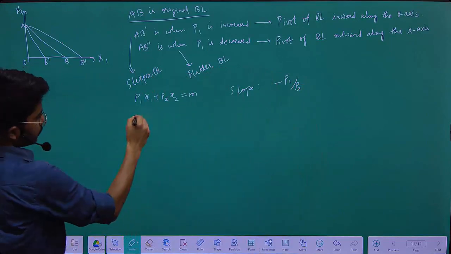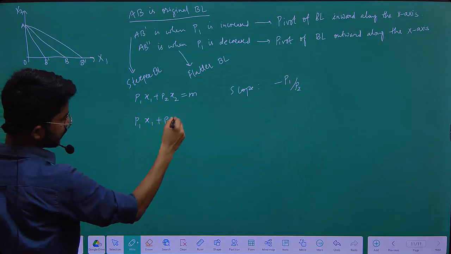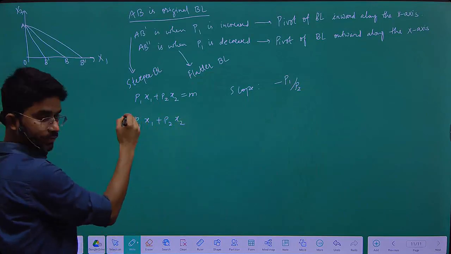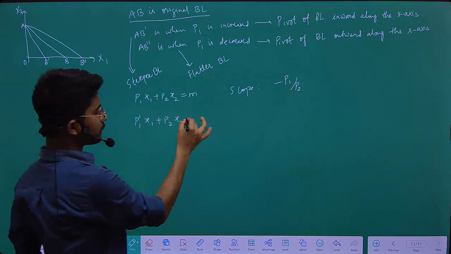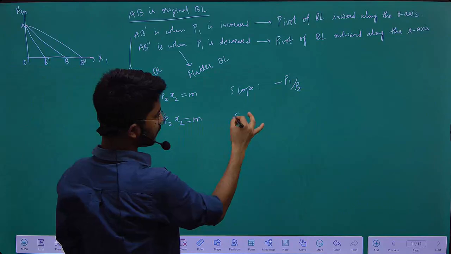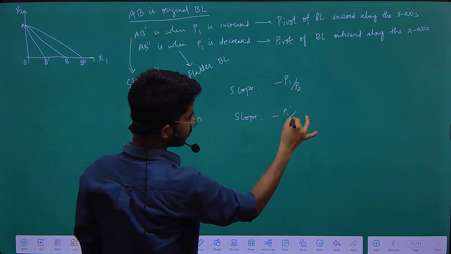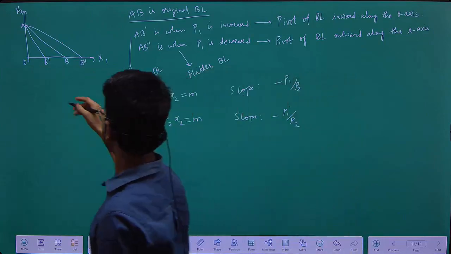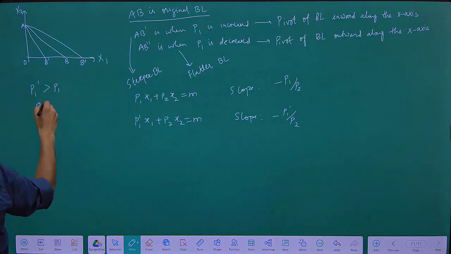Similarly, if you have P1 dash x1 plus P2 x2, with the price of the first good being P1 dash, this would be the new budget line, and its slope will be minus P1 dash upon P2. You know P1 dash is greater than P1 and P1 double dash is less than P1.